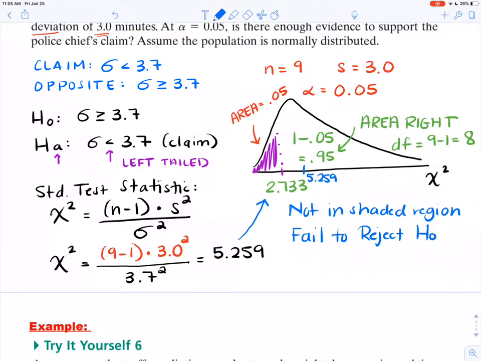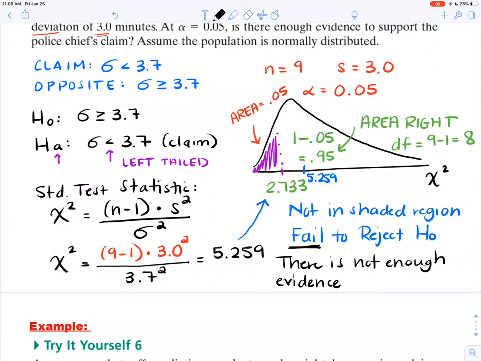Now, the last thing I need to do is interpret that decision based on my claim. Because the test failed to reject, which is what it's set up to do, that always means there is not enough evidence to make a definite conclusion. That'll always be the case when you fail.